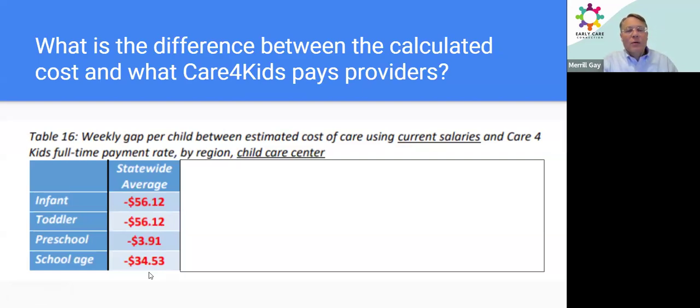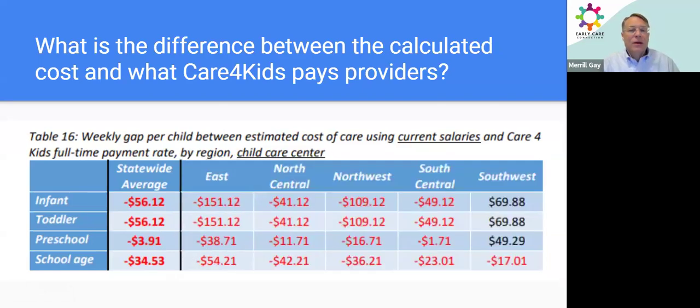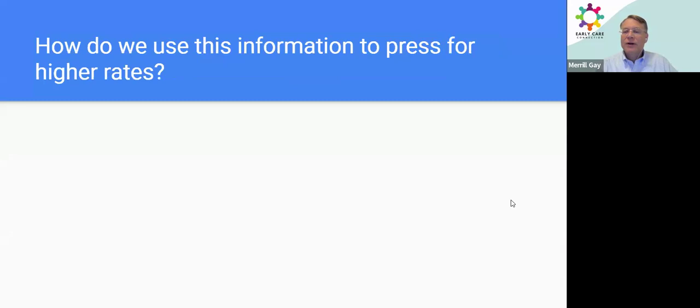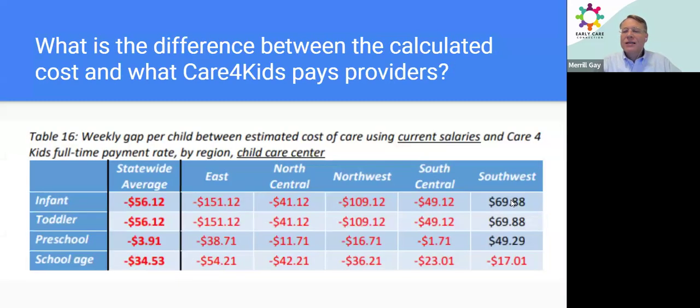But we all know that Care for Kids doesn't pay everybody the same amount. The state is divided up into 6 different regions. So let's look at that. So here is the deficit, the difference between the cost of quality care and the regional payment levels. So you'll see over here on the far right, there are 3 categories where Care for Kids is actually paying more than the calculated average.